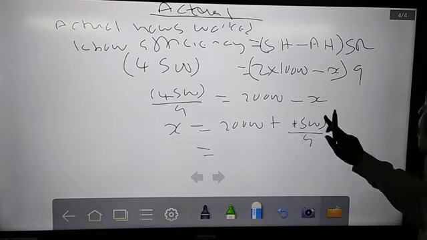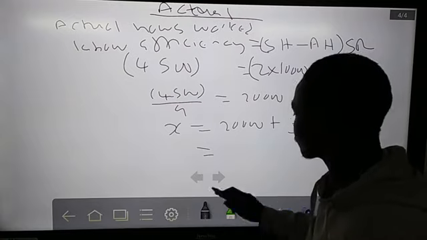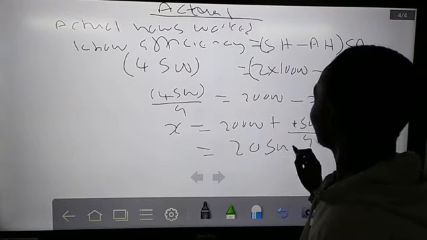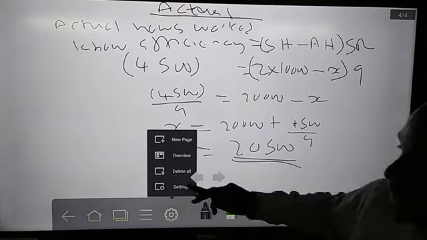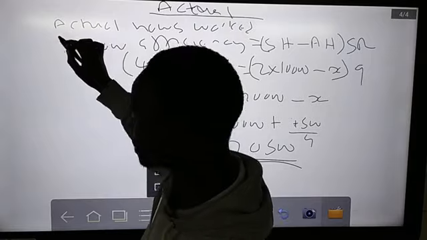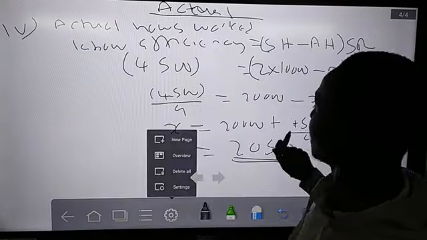So that's 4.5 divided by 9 plus 20,000. Calculate, you get 20,500. Make sure you keep this answer, it's likely going to be used. This is still our 4. We might use it in the next question.